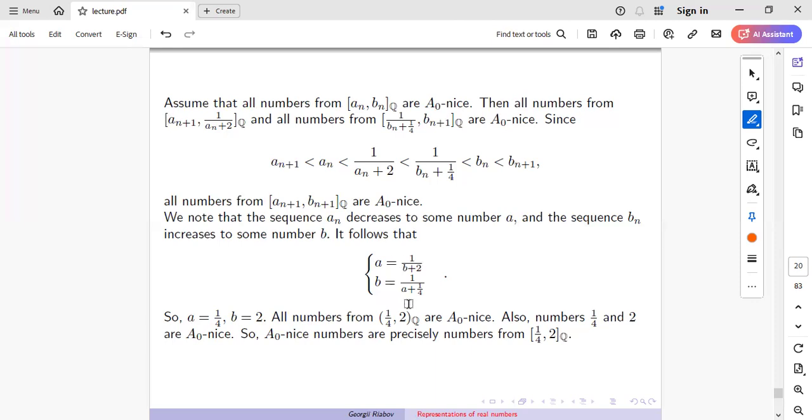From these two equations, we can find A and B. You can just check that A is 1/4 and B is equal to 2. Okay, so An becomes closer and closer to 1/4. Bn becomes closer and closer to 2.